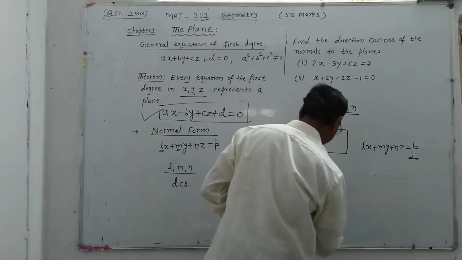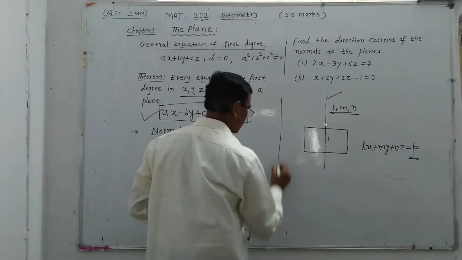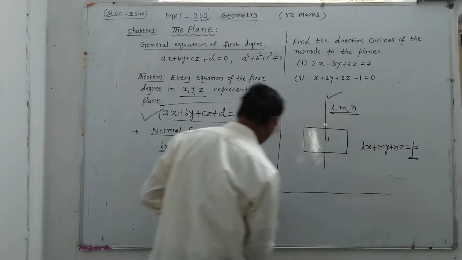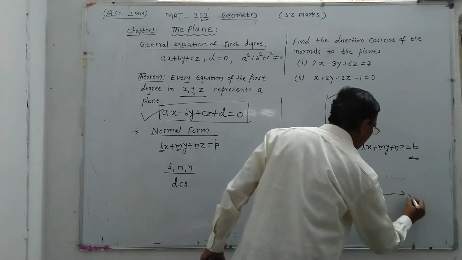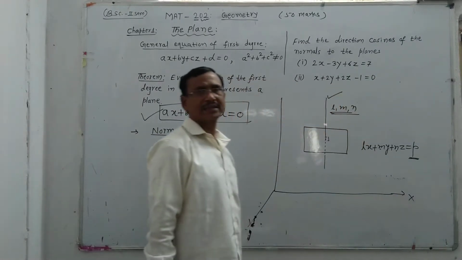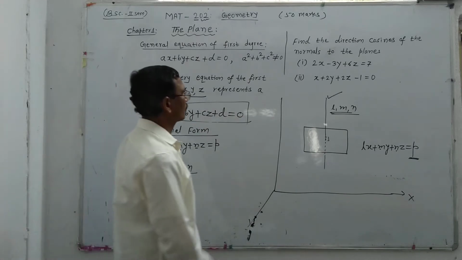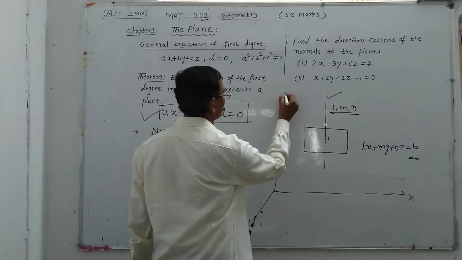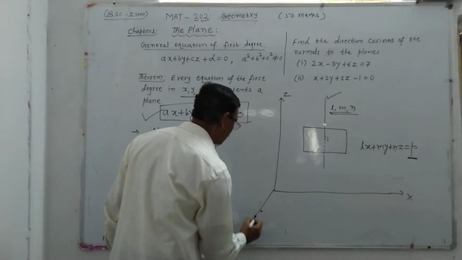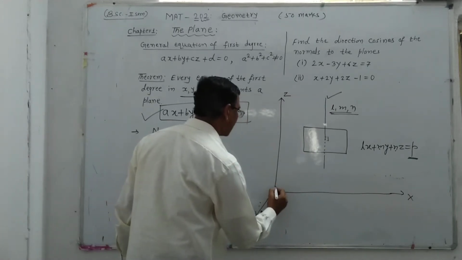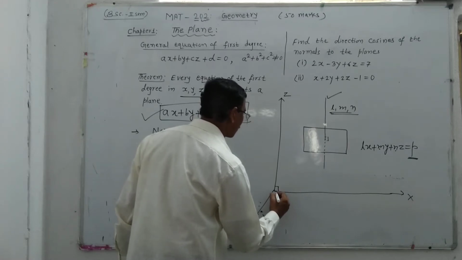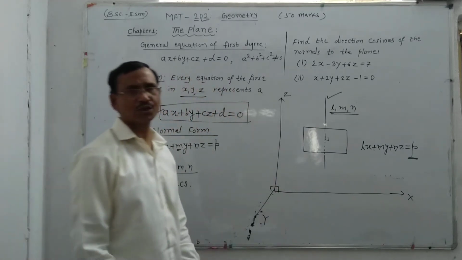If you consider the axes, this is the x-axis, this is the z-axis, and this is the y-axis. These three axes are mutually perpendicular to each other.